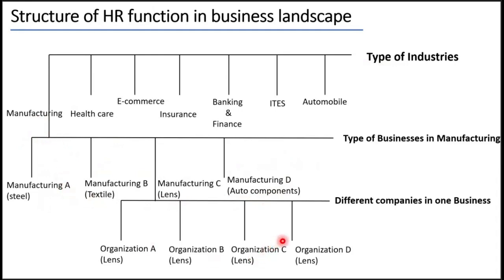And different companies can do one business. For instance, if I consider lens business, organization A, organization B, C, and D are the different companies who are doing the same business.